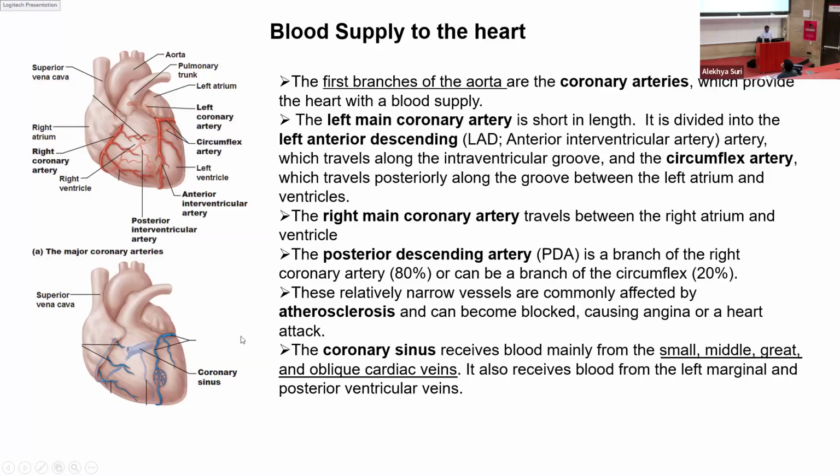And everything will open into the coronary sinus, and then it will go to the right part of the circulation for purification. So what you have to remember is the left main coronary artery and right main coronary artery, and how the LAD and circumflex arteries are derived, and that the posterior descending artery is derived from the right main coronary artery.